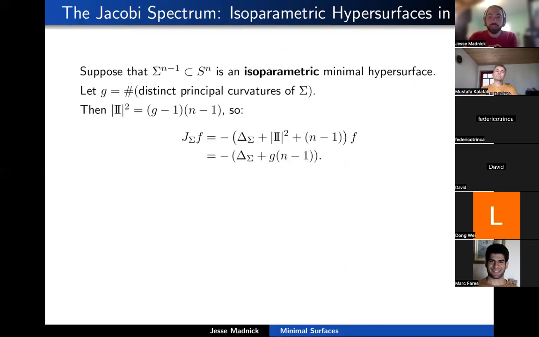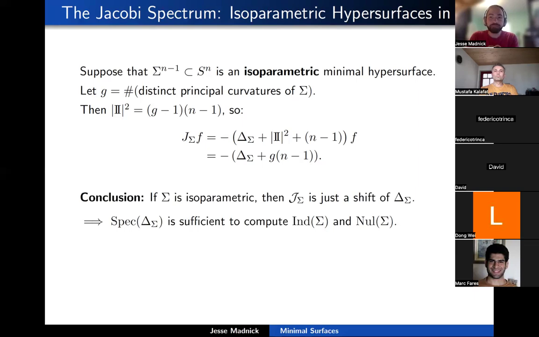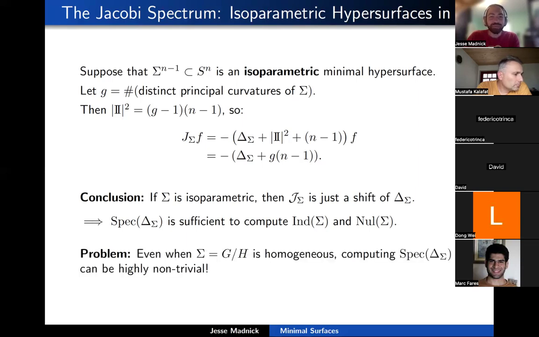It's now just a shift of the Laplacian in the isoparametric case. So for isoparametric hypersurfaces in spheres, the Jacobi operator is just a shift of the Laplacian. So knowing the spectrum of the Laplacian is sufficient to compute the index and the nullity. So all you have to do is find the spectrum of the Laplacian.